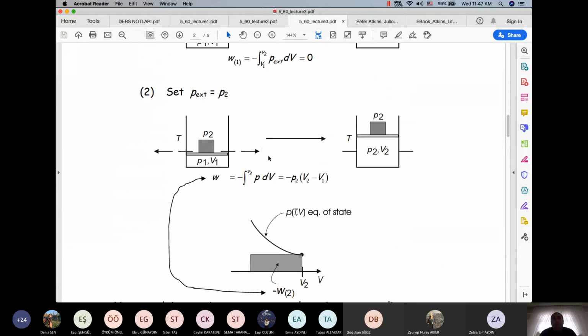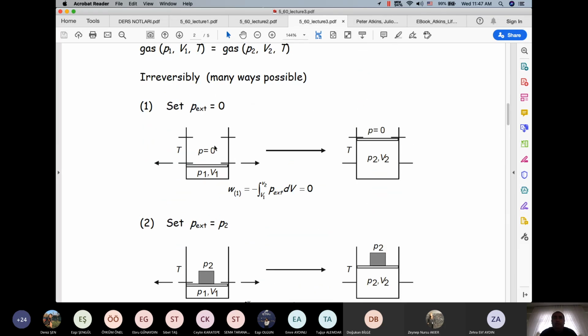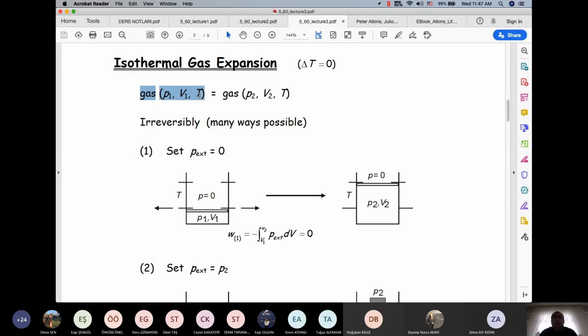So now I produced work in one step. I started with P1, V1, T, and I end up with P2, V2, T in irreversible paths. And there are infinite numbers of irreversible paths. I can choose any one that I want. Okay. In the first case, I just chose the external pressure to be 0, and I ended up with 0 work.